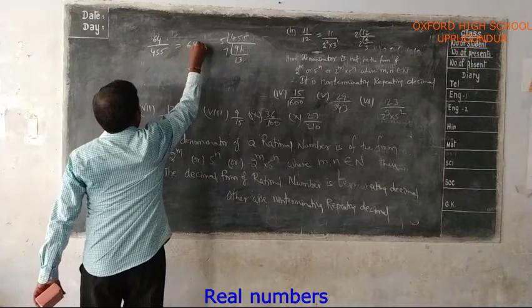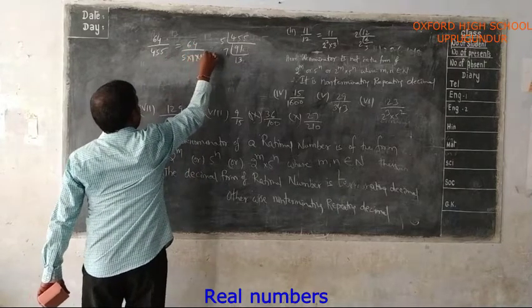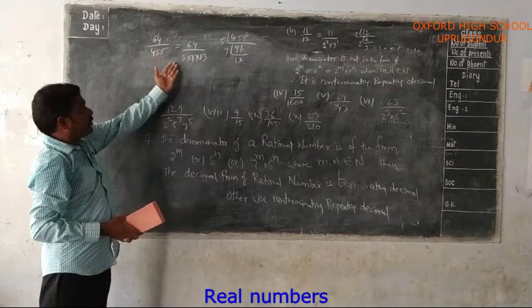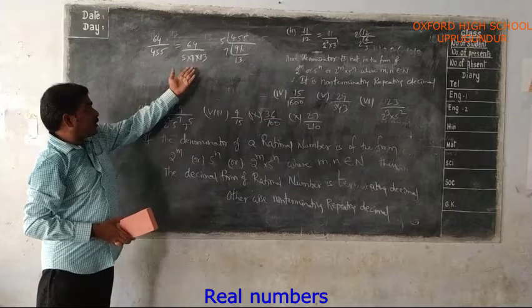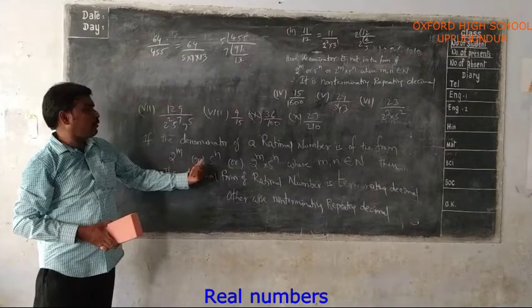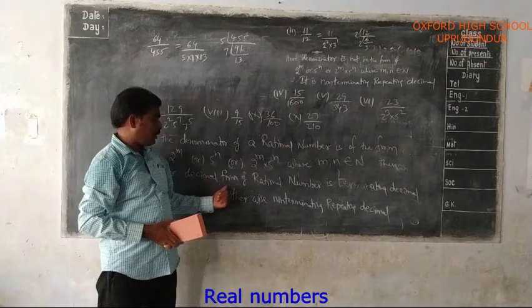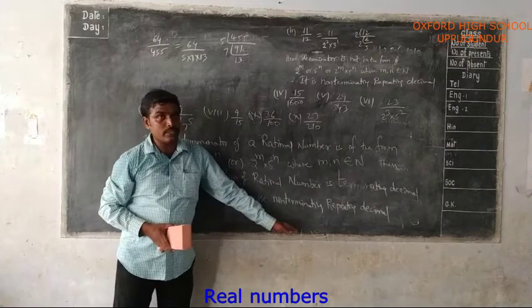So 64 by 5 into 7 into 13. So here the denominator 455 is 5 into 7 into 13. Only when the denominator is 2 powers or 5 powers or 2 powers and 5 powers, then only it is a terminating decimal, otherwise a non-terminating repeating decimal.